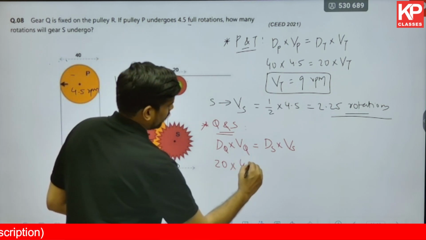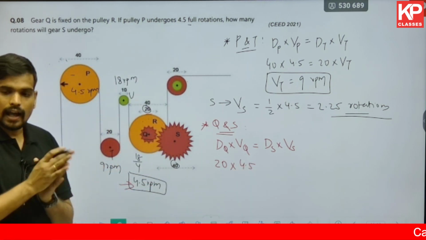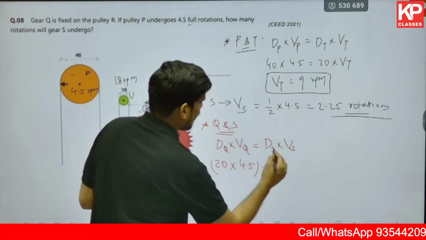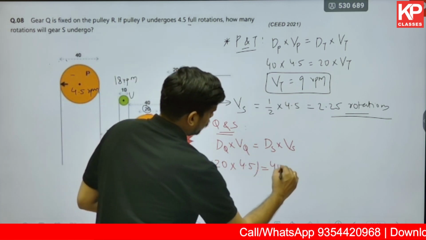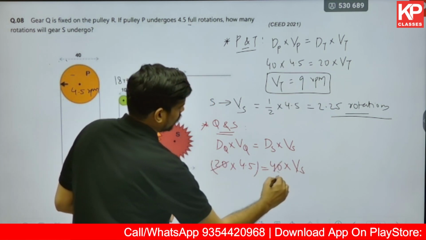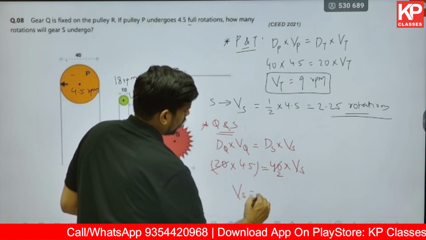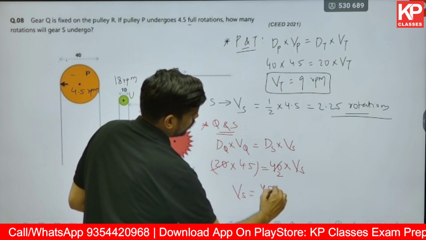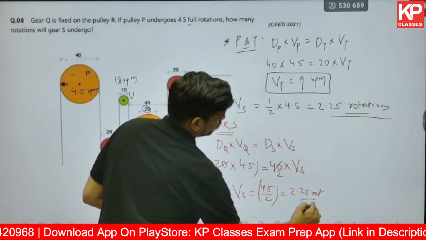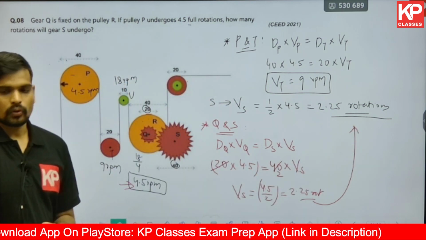It is 4.5, because it is stuck to R and R has 4.5 rotations. That should be equal to the diameter of S, that is 40 again, and the rotational velocity of S is over here. So this cancels out 2 times. The rotational velocity of S will be 4.5 by 2, which will be 2.25 rotations. Same answer. So 2.25 is the answer.